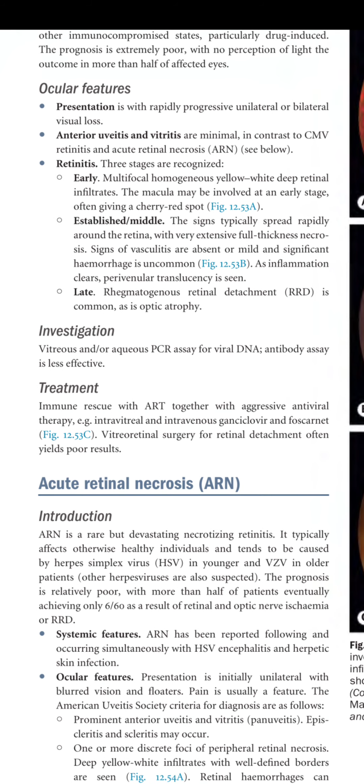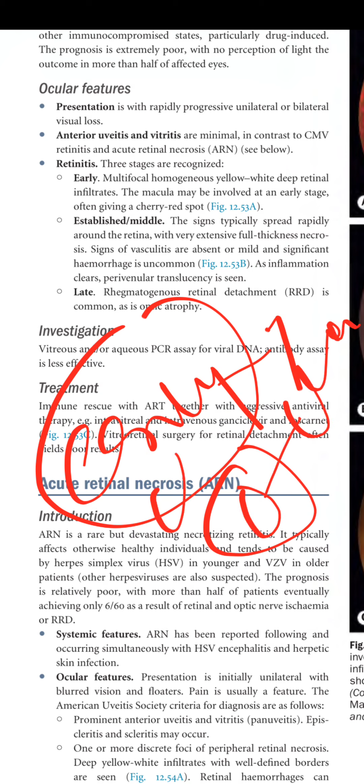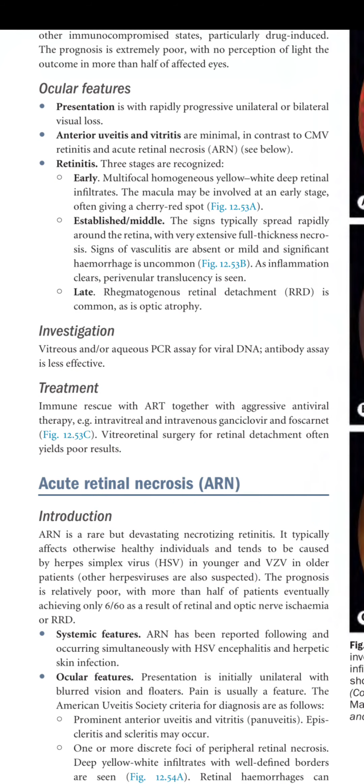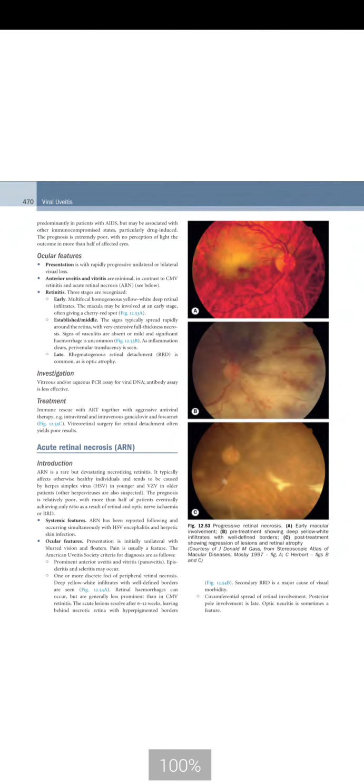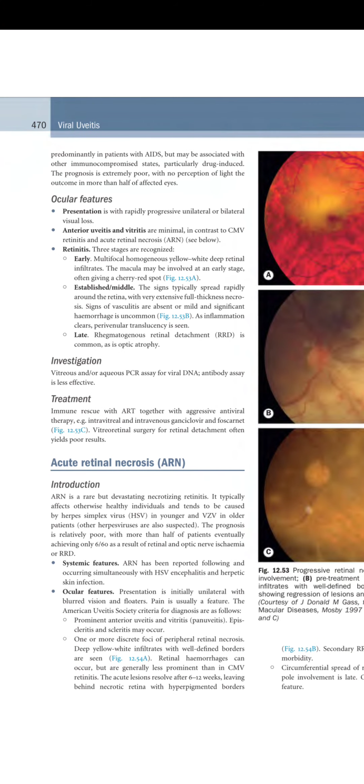So in the early stage, the macula is involved, causing the cherry red spot, and there is a deep yellow-white retinal infiltrate. Let's see, figure 12.53a is showing macular involvement, giving the cherry red appearance and the deep yellow-white infiltrates.